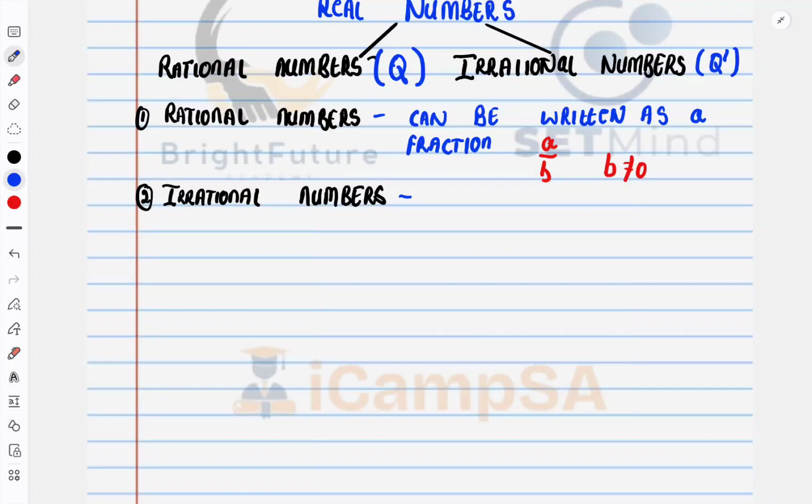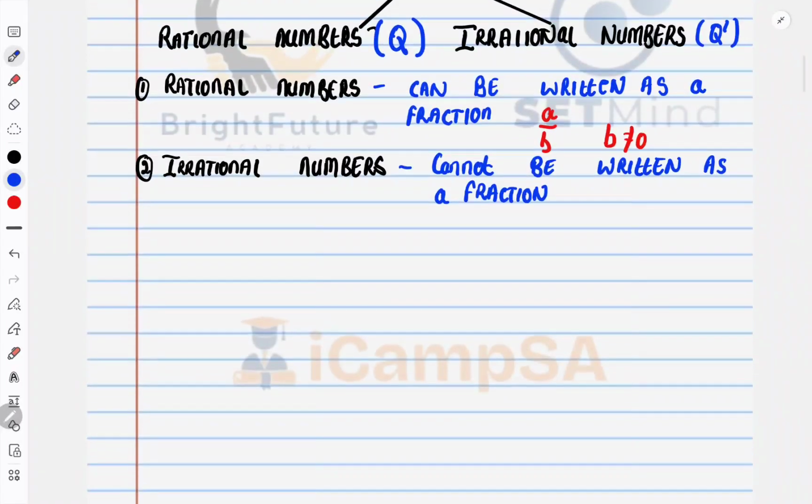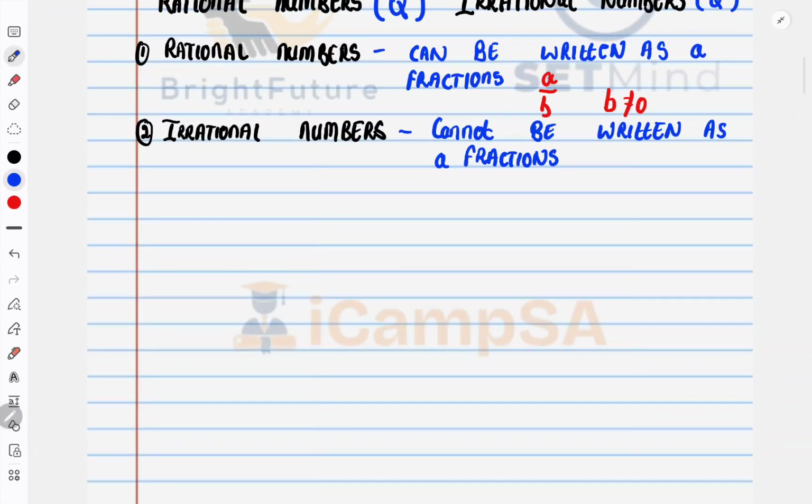Some of these numbers are called sets, but we will get to that shortly.